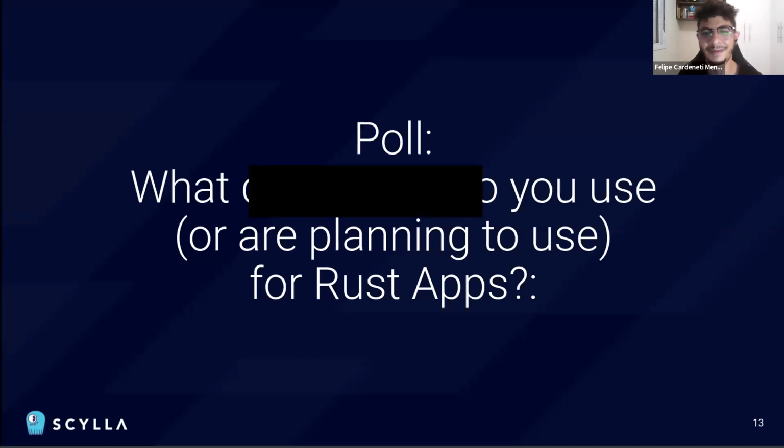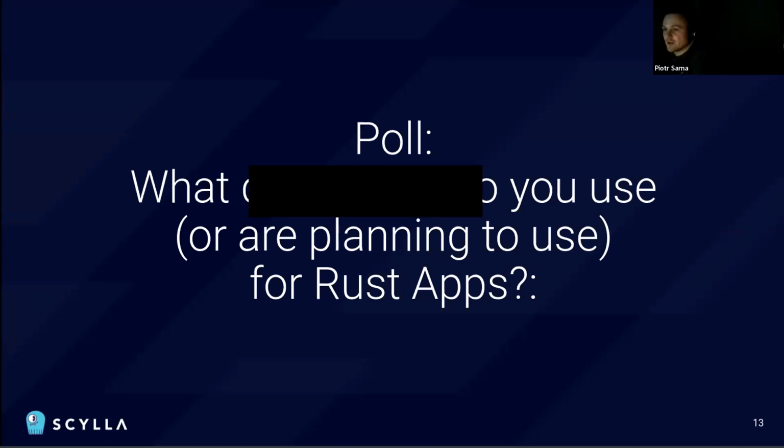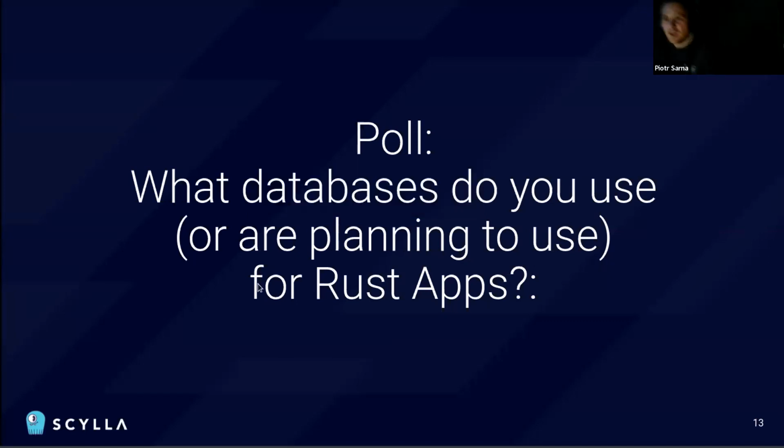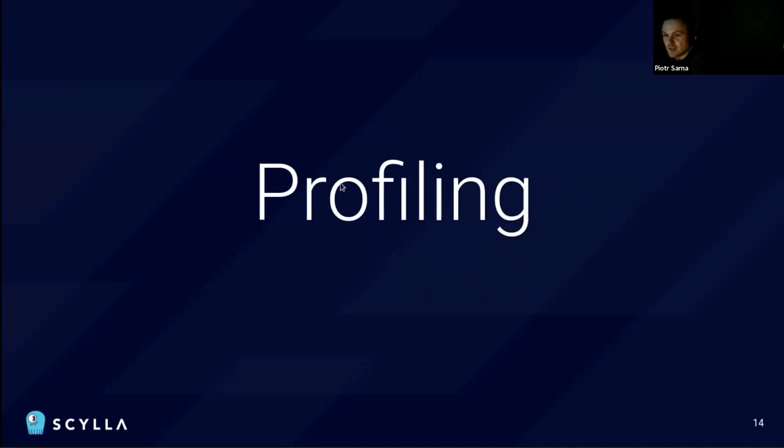Thanks. Hi again. Let's take a deeper technical dive into profiling now. Profiling as in investigating performance problems and looking for bottlenecks in your Rust projects. So overview of the first tool.